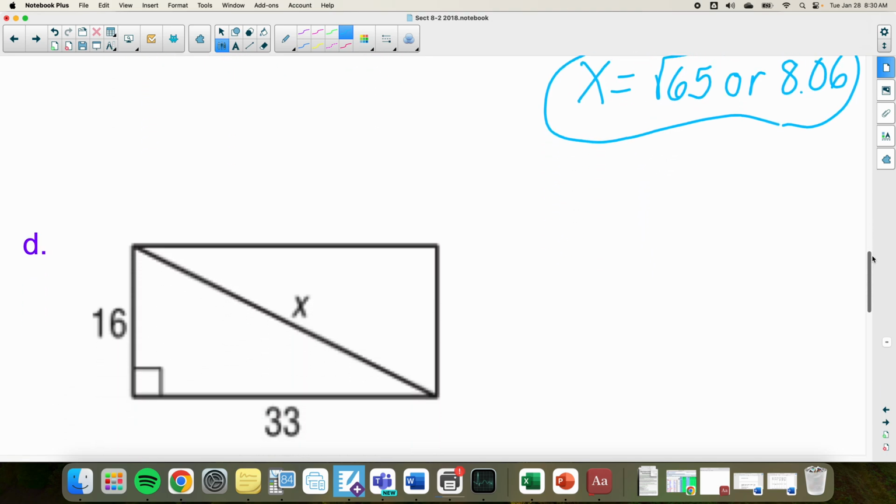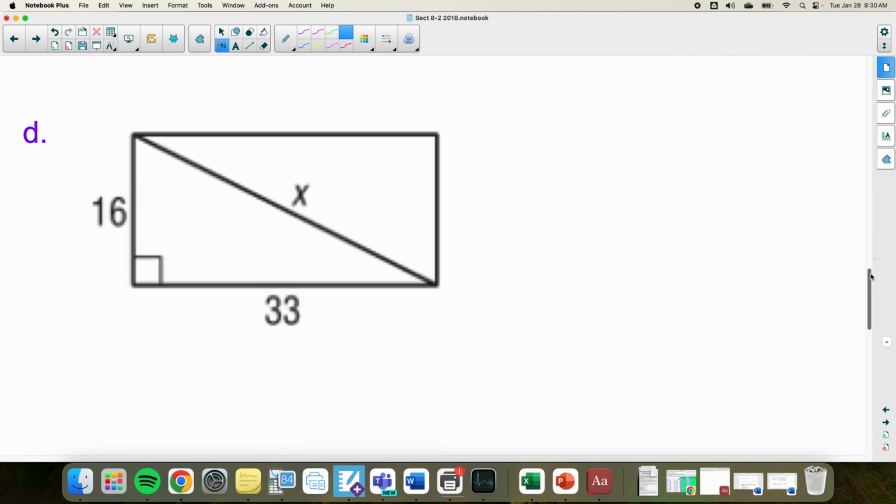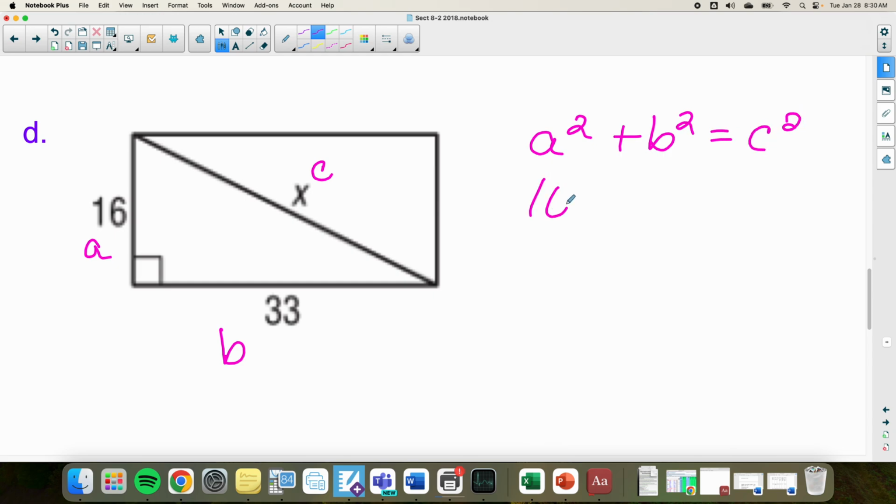Okay. Then if I look at this one, this is going to have bigger numbers. My C is going to be this. This is my A. This is my B. So if I do a squared plus b squared equals c squared, a is 16 squared, b is 33 squared, and c is x squared. Okay? Now, those are harder to do in my head, so what I'm going to do is do those on my calculator.